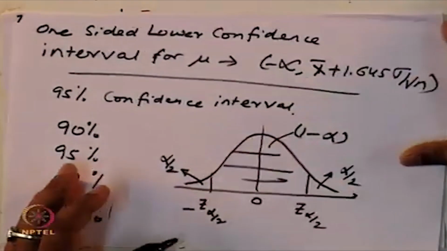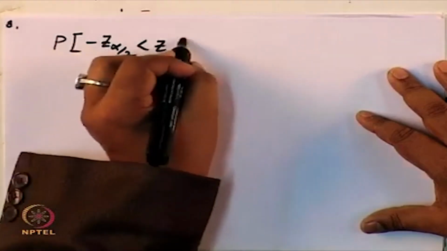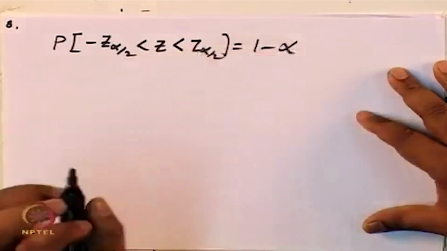Okay. So, we can find out the probability of minus z alpha by 2 less than z less than z alpha by 2 equal to 1 minus alpha.